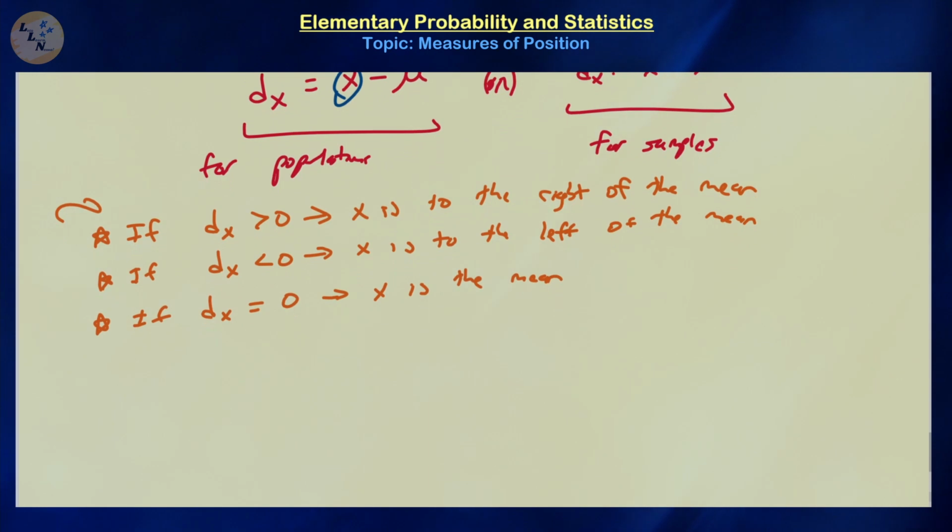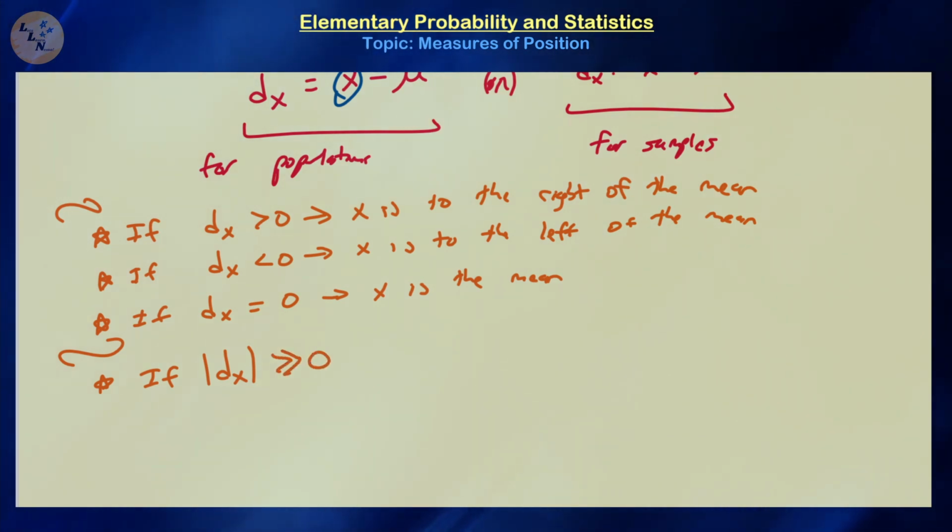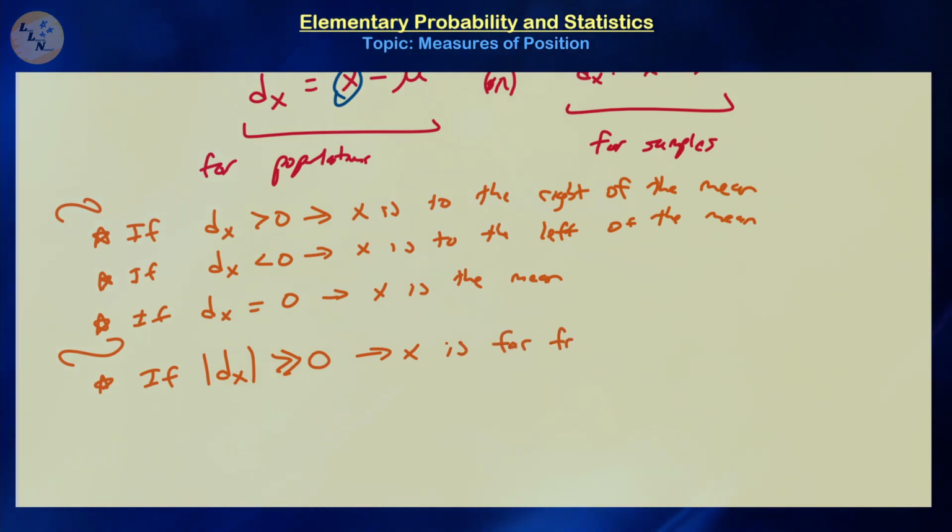Now keep in mind the difference score could be positive or negative, so there's a couple things that we can say about the size. If the magnitude of dx, or the absolute value, is significantly greater than 0, that is, it is a really negative number or a really large positive number, this means that x is far from, of course a subjective term, far from the mean.